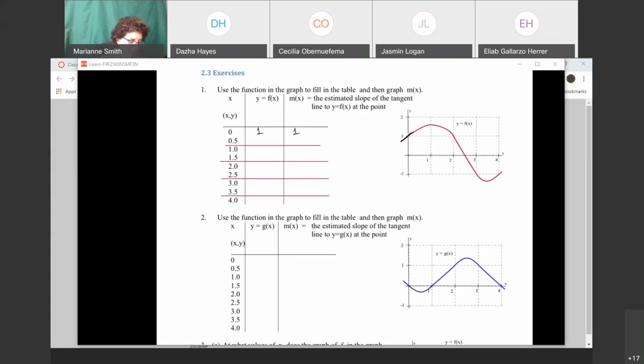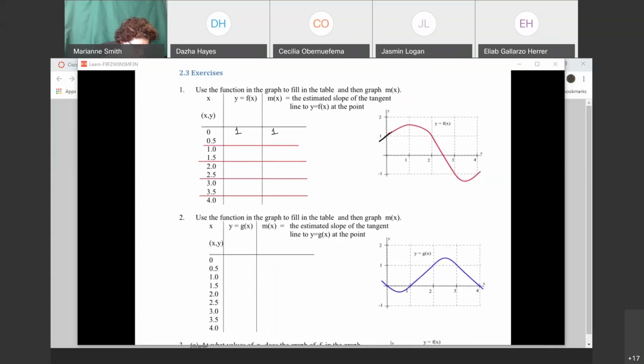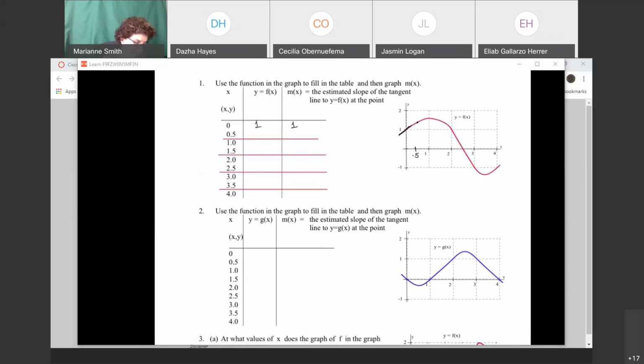Now if I look at halfway, here's where x is 0.5. I'm estimating what my y value is there, and that looks like it's about halfway up. Again, I'm not sweating it. Let's say it's 1.5. The slope definitely looks like it's still positive, but smaller, not as steep as the slope at 0.